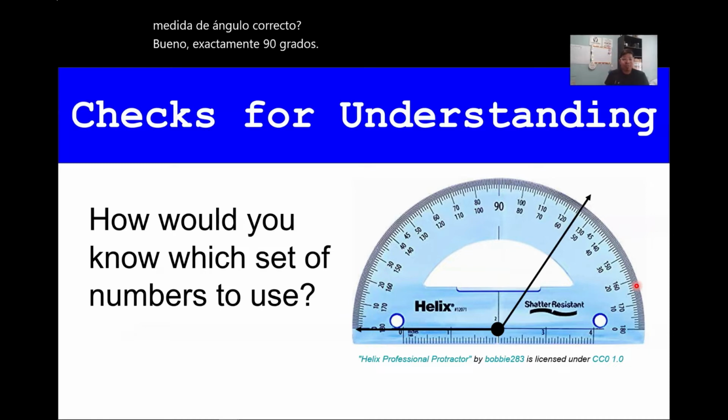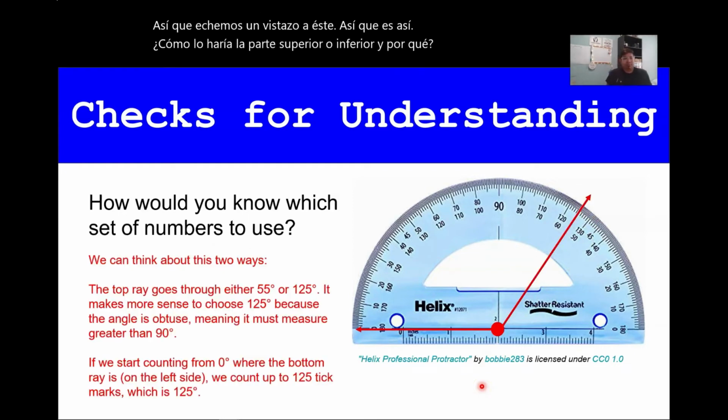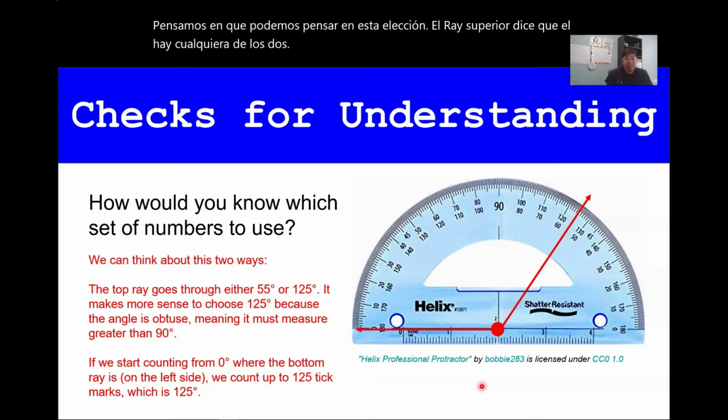How would you know which set of numbers to use? So let's look at this one. So it's like this. How would you know top or bottom and why? We can think about this two ways. The top ray says it's either 55 or 125 degrees.